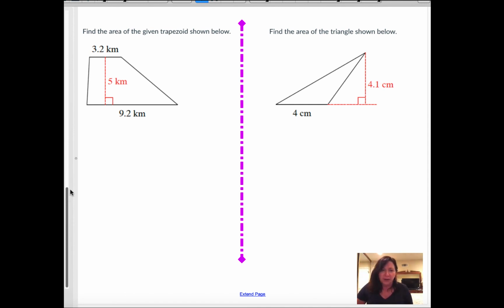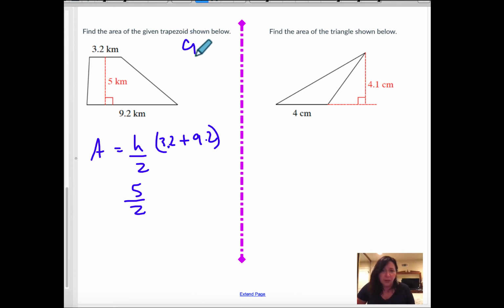Almost done here. We just have 2 more slides. We have to find the area of this trapezoid. Remember, the area of a trapezoid is height divided by 2 times the sum of the bases. So we've got 5 divided by 2 times 3.2 plus 9.2. What's 9.2 and 3.2?